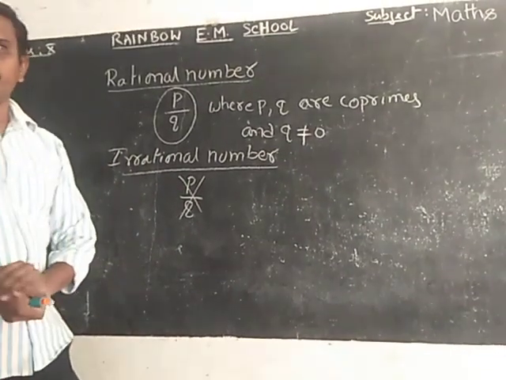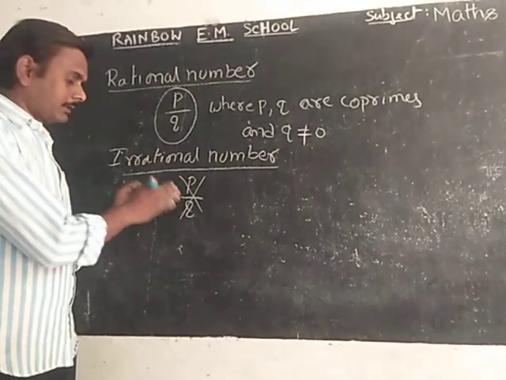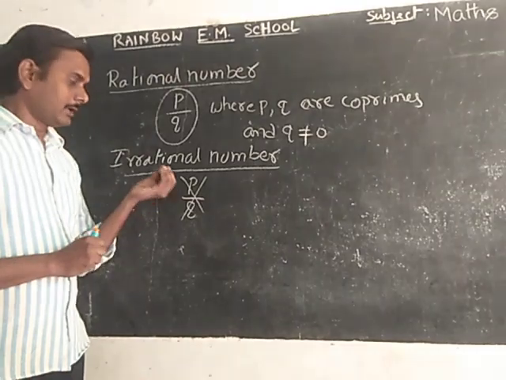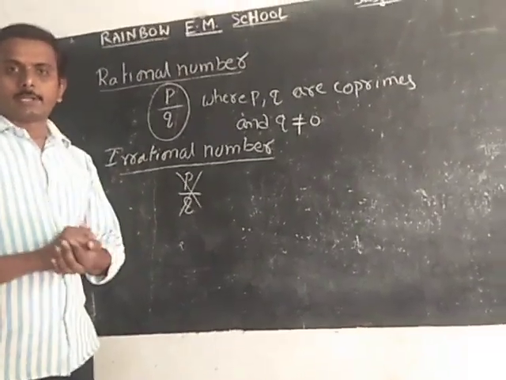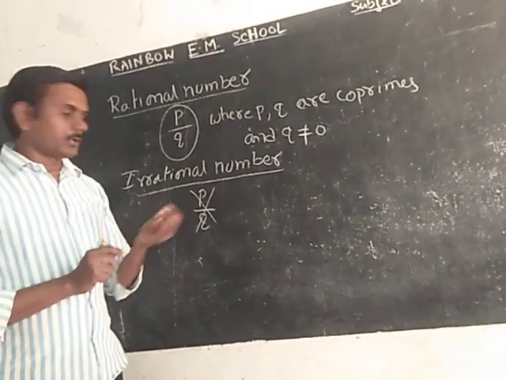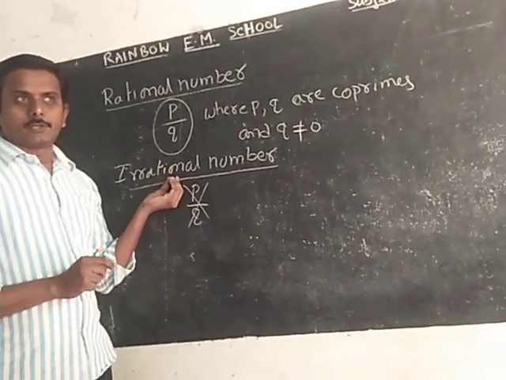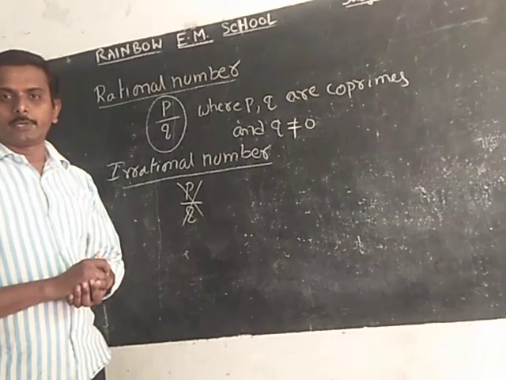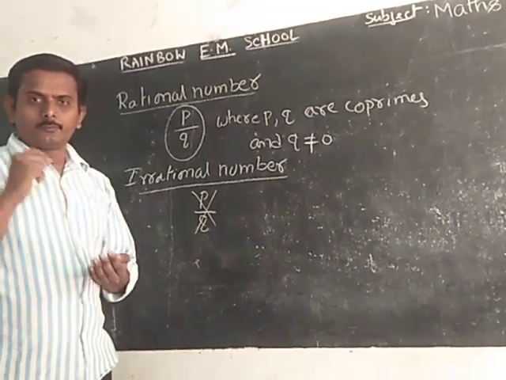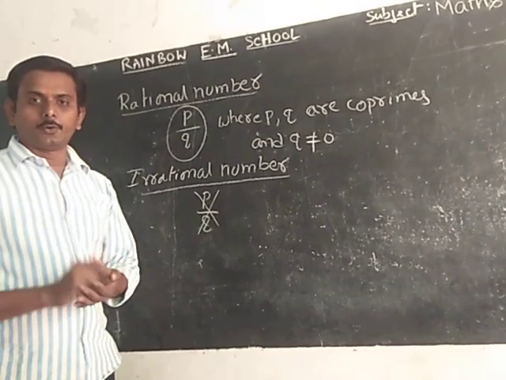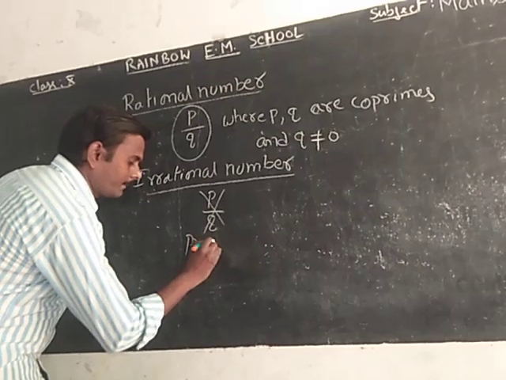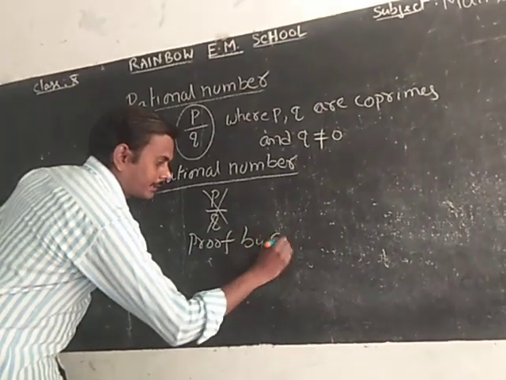Already in 9th class, we found the decimal form for the irrational numbers. Now, in this 10th class, we learn about the proof for the irrational number, how we can say that it is irrational. We have to follow proof by contradiction.